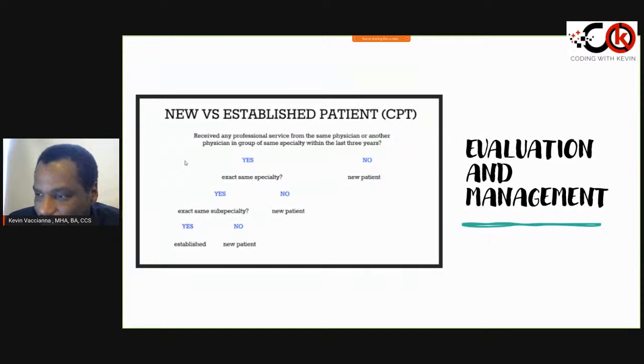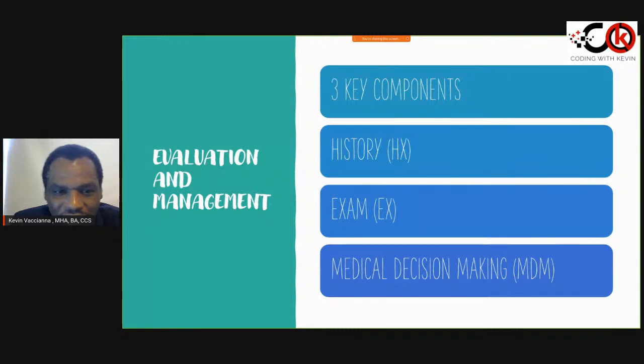Is the patient established? If the answer is yes, you know it's an established patient. If the answer is no, it's a new patient. So those are the kind of questions you have to drill in your head when you're looking at a medical record, because you need to make sure you're classifying it correctly, new versus established.